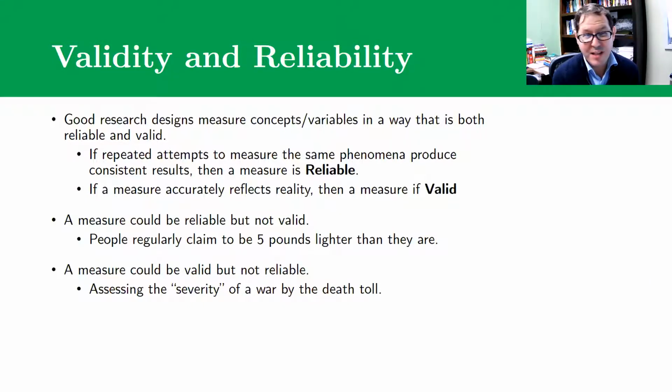But you can also have measures that are valid, but not necessarily reliable. And so I study conflict and civil wars, and we know that we can think about the severity of war in terms of how many people are affected and killed. But getting accurate numbers on how many people are affected and killed can be really difficult.